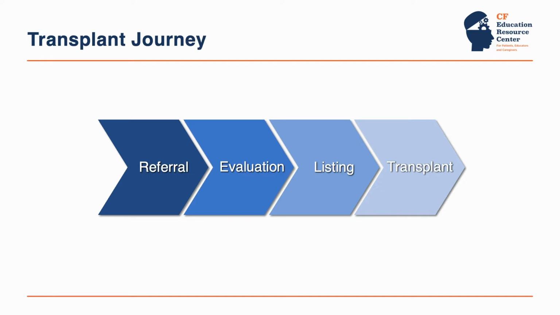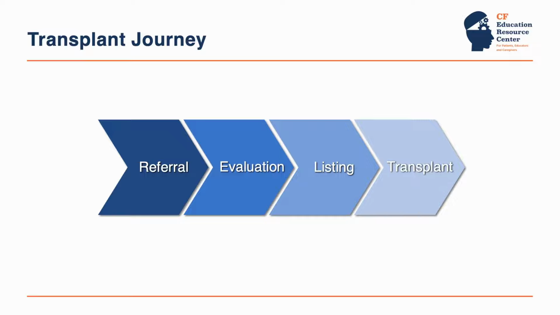The transplant program reviews the records and then will typically invite the individual to come for an evaluation, to meet various team members and undergo some testing. At that point, there's a decision to either defer transplant for the current time while working on optimizing other medical conditions, or proceed with listing for transplant.